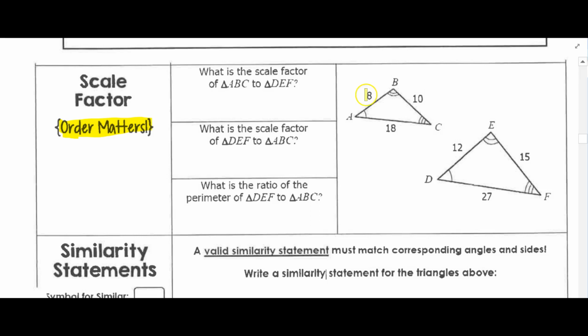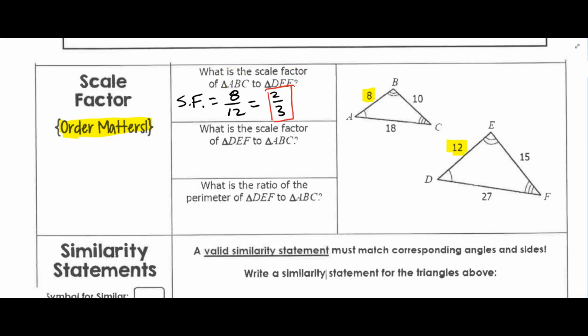So I'm going to pick this 8, and I can see that this 12 matches with it. So my scale factor, we'll call it SF, is going to be 8 over 12, and we always want to reduce our scale factor, so I'm going to divide each of these by 4 to get 2 over 3. So that's my scale factor of triangle ABC to triangle DEF.